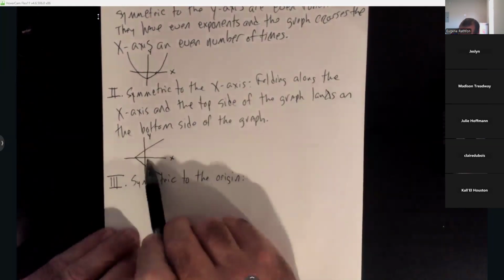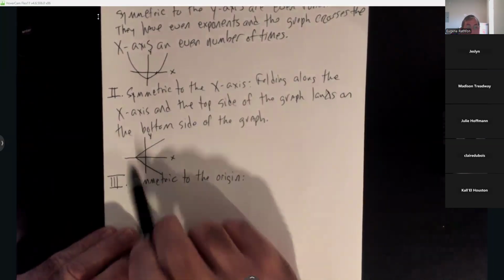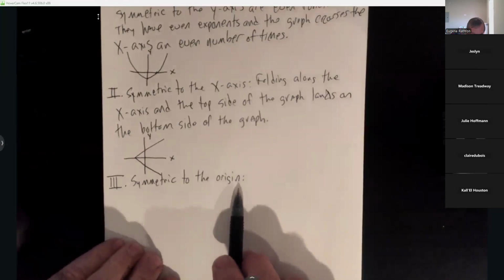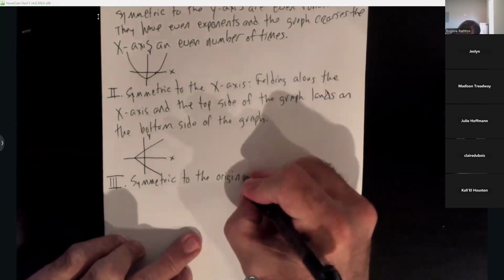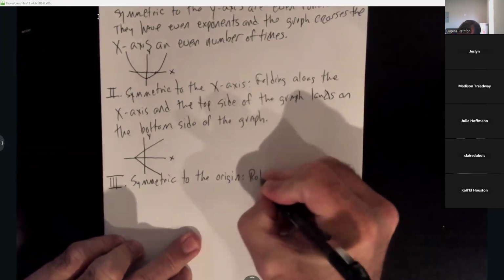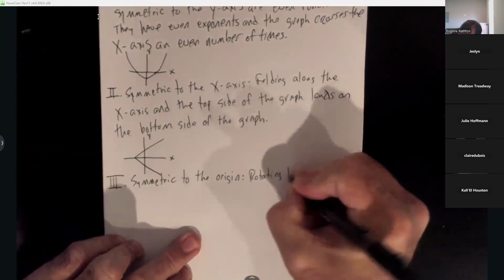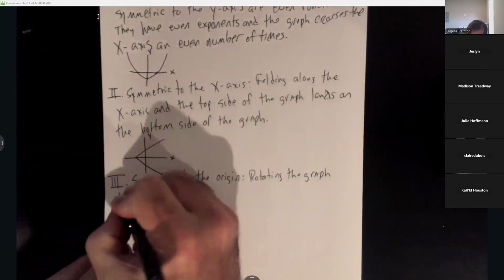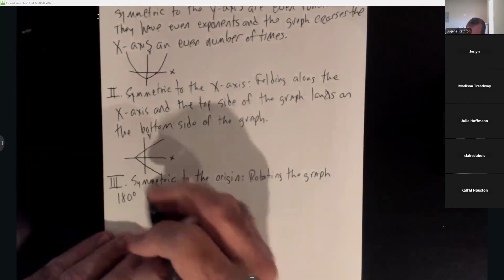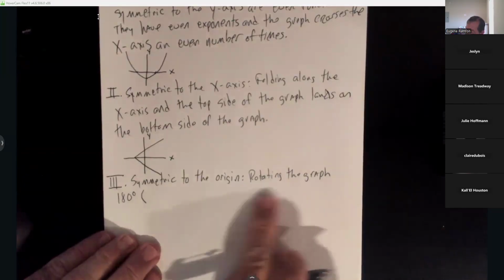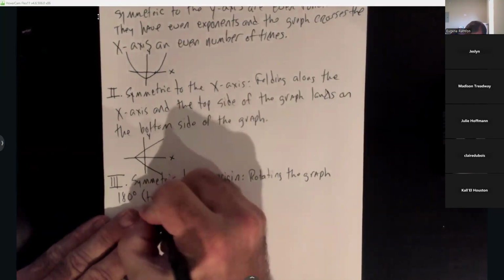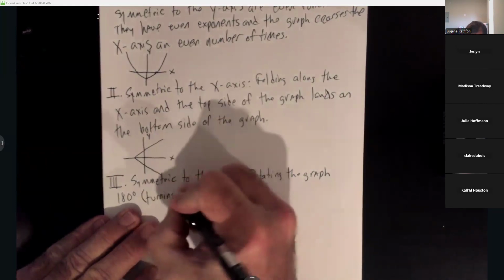So remember, the origin is the center of the graph here. So if it's symmetric to the origin, rotating the graph 180 degrees. Now, basically, when you're rotating the graph 180 degrees, you're turning it upside down.